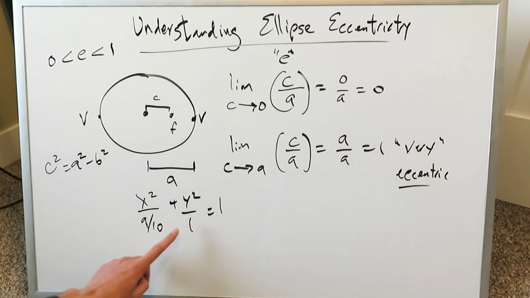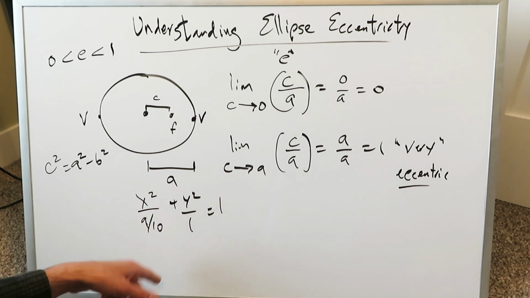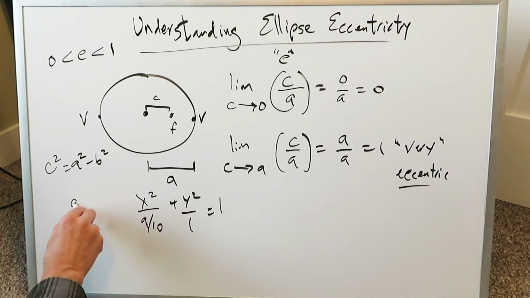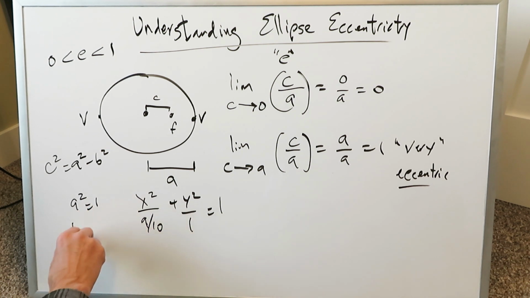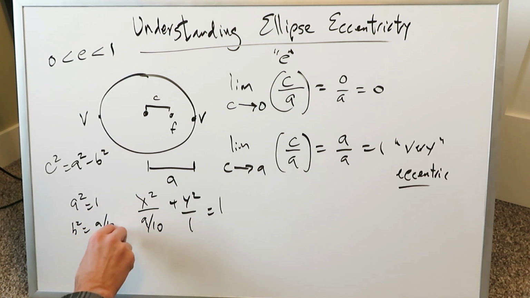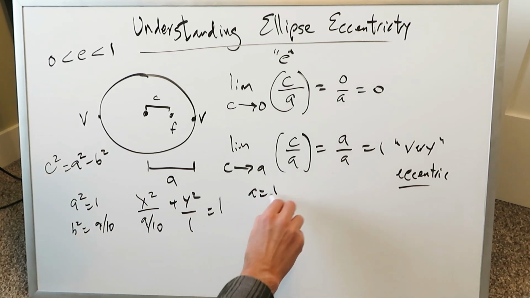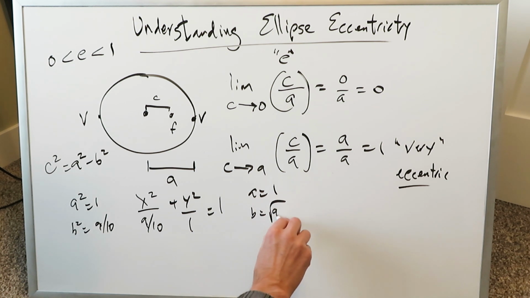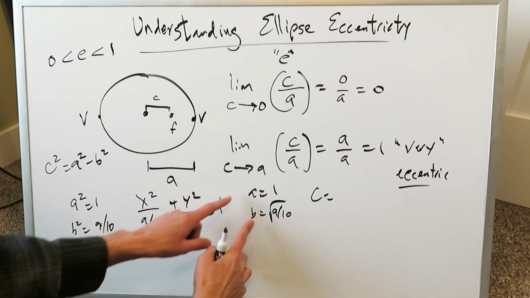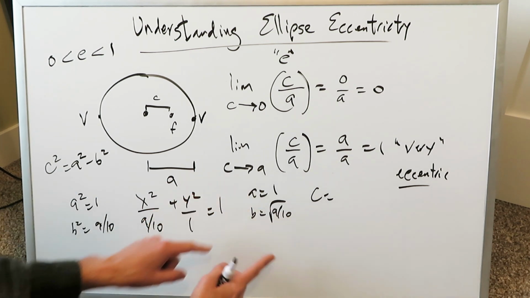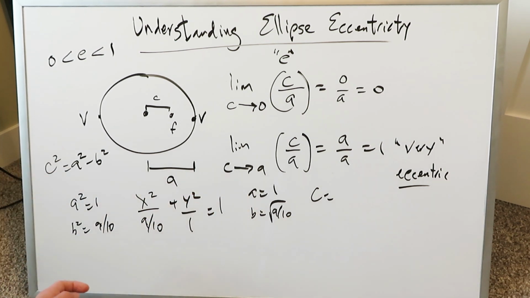You know this value is slightly larger than this, because this is 10 over 10, this is 9 over 10, a vertically directed ellipse. In this instance, a square here is 1, b square here is 9 over 10, but a is equal to 1 and b is equal to root 9 over 10. You can do 3 over root 10. But if you're looking at these two numbers a and b, the disparity between them is very small.